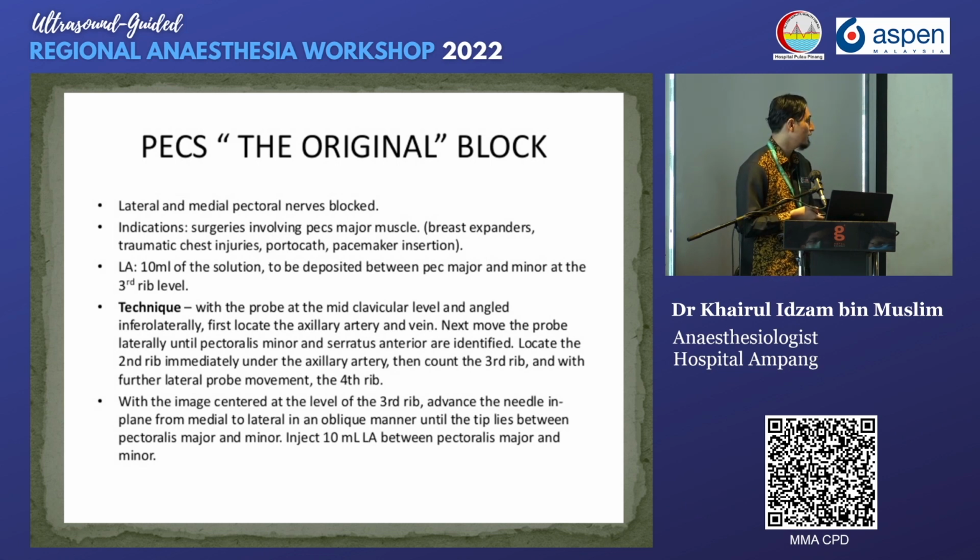So for the technique, we need to identify the clavicle, and we start to scan from the mid-clavicular level and angle inferolaterally. For this technique, we are using a high frequency transducer, and then we start from the mid-clavicle level and scan inferolaterally.